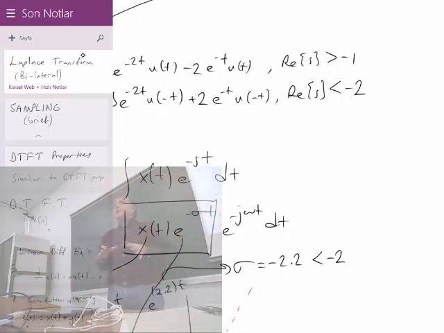So you are multiplying with some suppressing exponentials. And the suppressing rate is determined by the sigmas within the region of convergence. By saying real part of s is less than minus 2, I have to choose a suppressing exponential which makes sigma less than minus 2. It can be minus 3, for example. It can be minus 4.